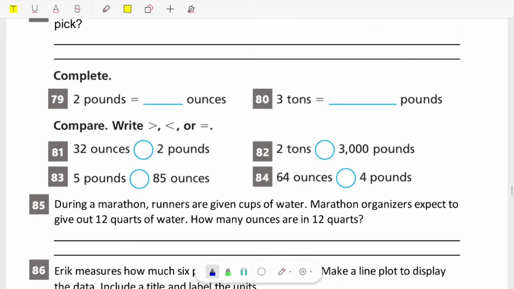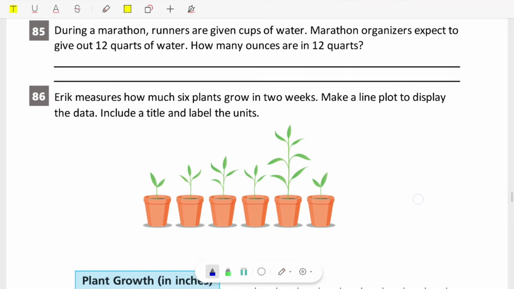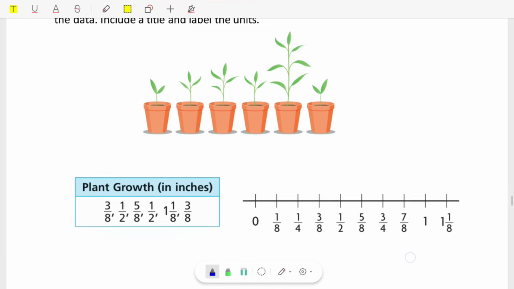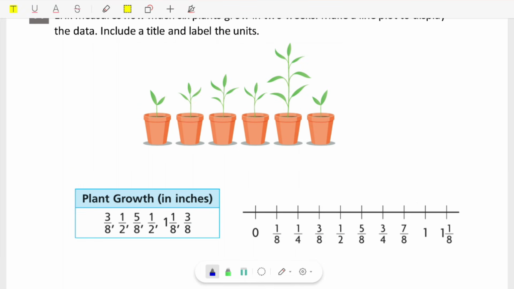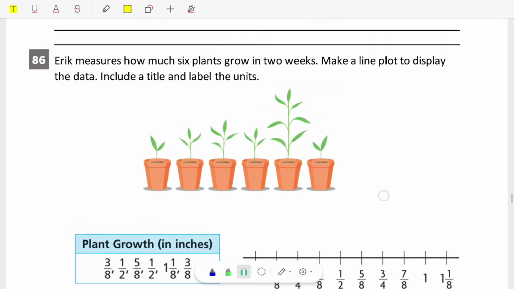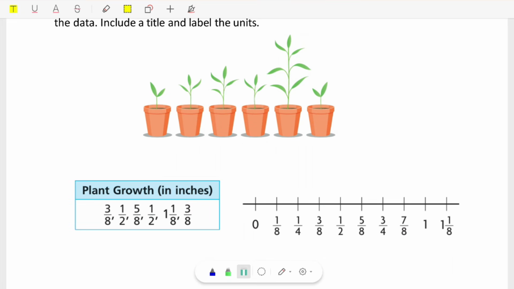Okay, I think I covered all the material that we have. Okay, let's start with this, it is so important, the line plot. The line plot is so easy. We're going to count how many times the number is repeated. 3/8 is repeated 2 times, so we're going to put 2 x's.